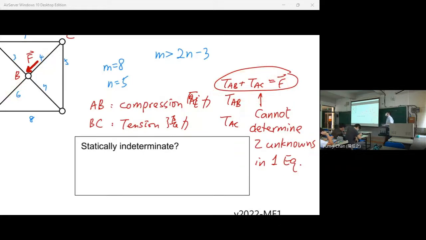In this case, we call this statically indeterminate.